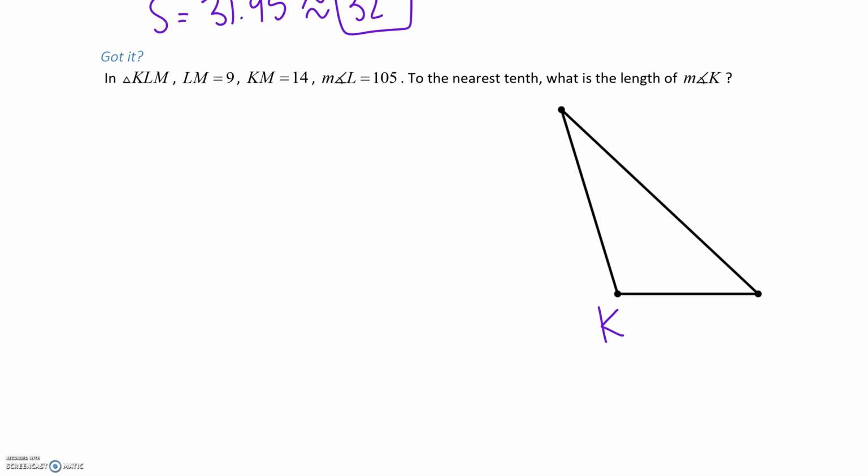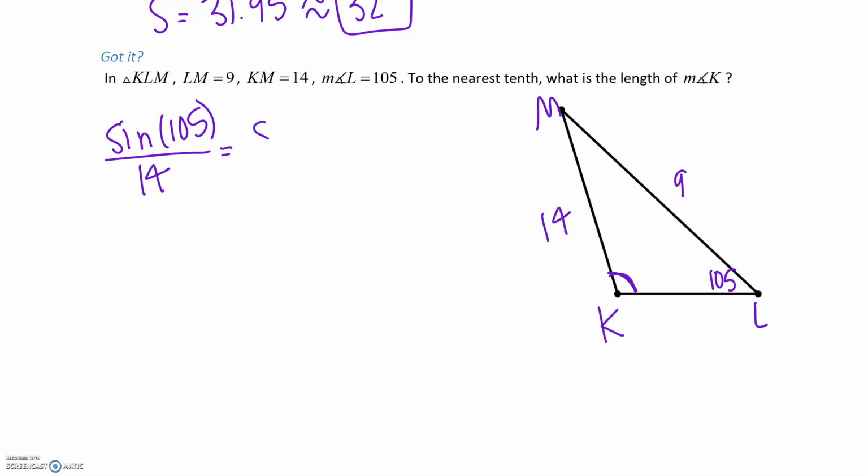We have K, L, M. And we've got LM equals 9, KM equals 14, and L equals 105. And we are looking for K. So we're going to have the sine of 105 over 14 equals the sine of K over 9.